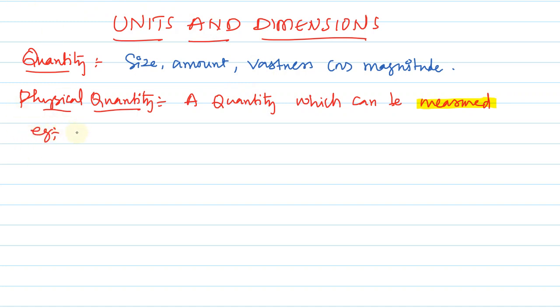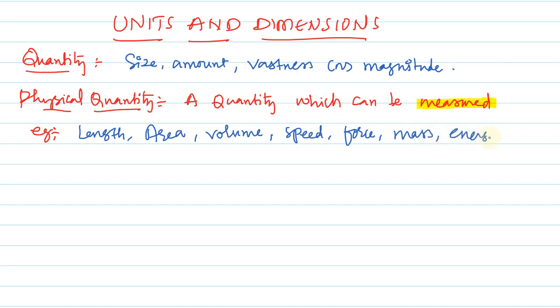We can measure length, so length is a physical quantity. Area is a physical quantity because area can be measured. Volume is a physical quantity because volume can be measured. Speed, force, mass, energy, etc. We can take as many quantities as we want, but the condition is it must be measured.